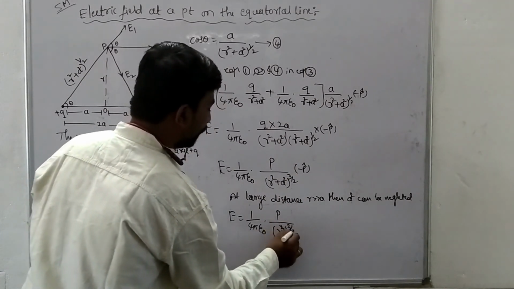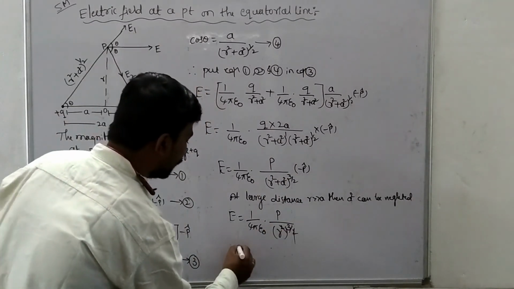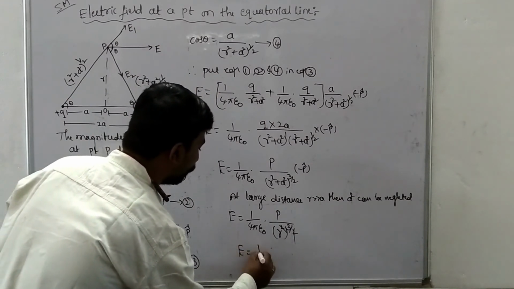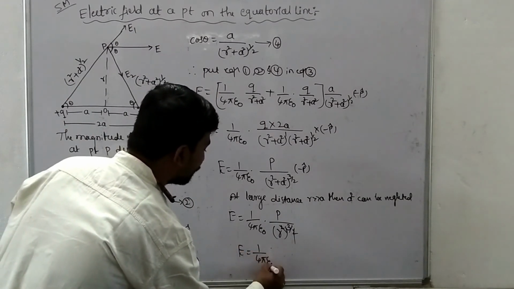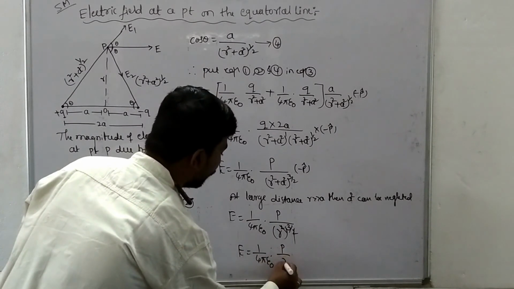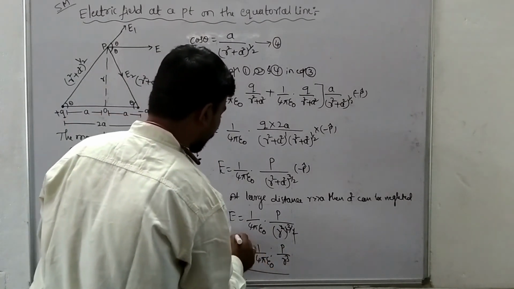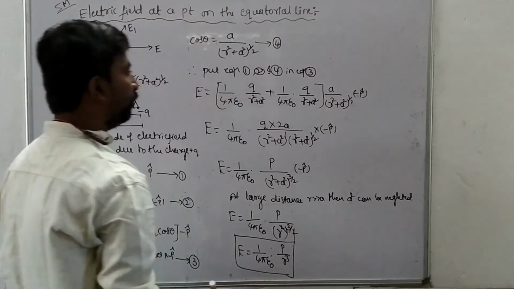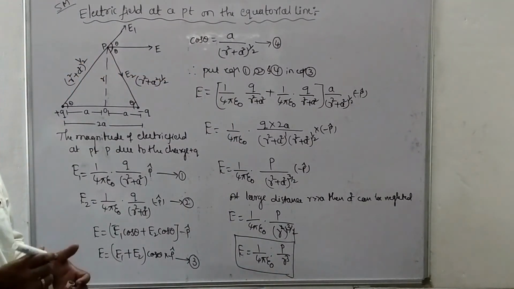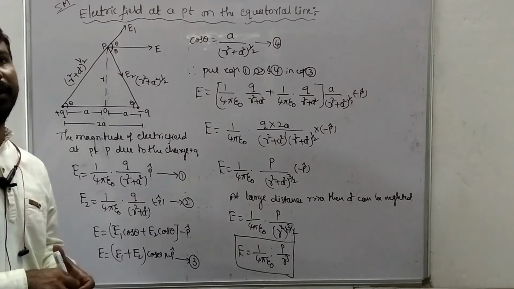Then the square and square root get cancelled, and E is equal to 1 by 4 pi epsilon naught into P by r cube. So this is the expression for electric field at a point on the equatorial line. Next class I will continue. Thank you.